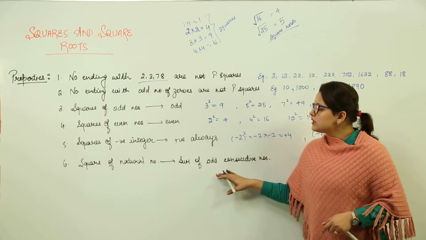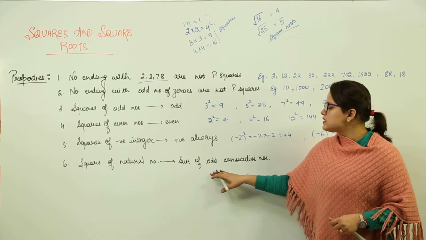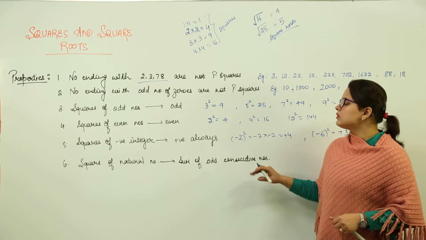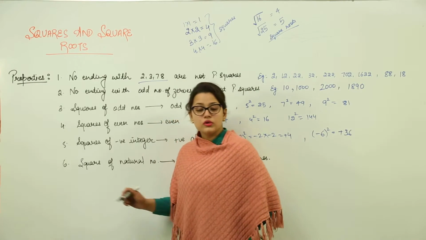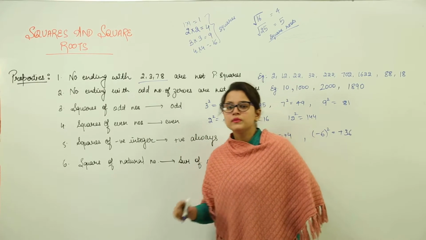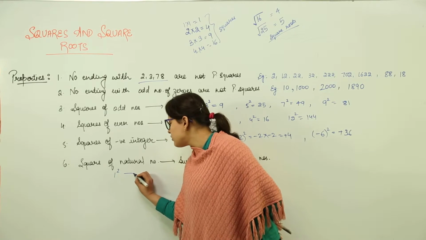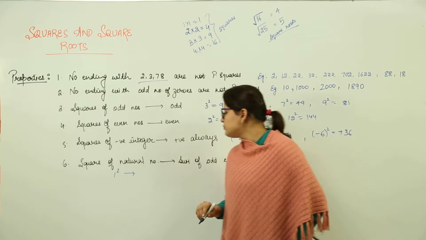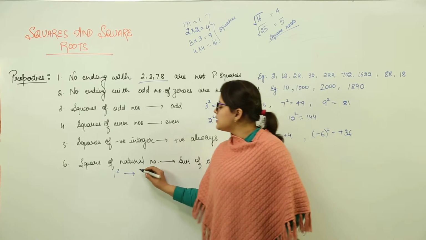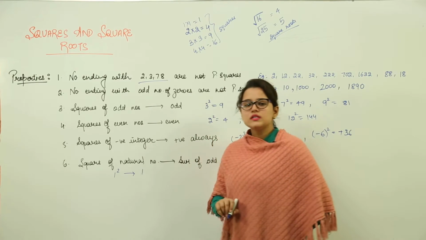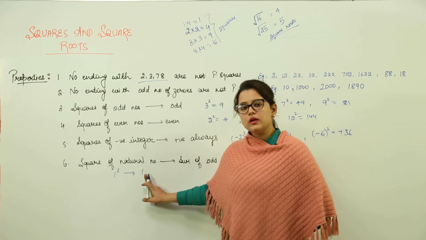Moving on to the next property, that is, the square of natural numbers is always equal to the sum of odd consecutive numbers. Now I'll start with the first natural number. What is the first natural number that we know? It is 1. If I want to do the square of a natural number, that will be equal to the sum of odd consecutive numbers. What is the first odd number? 1. 1 squared is always equal to 1.